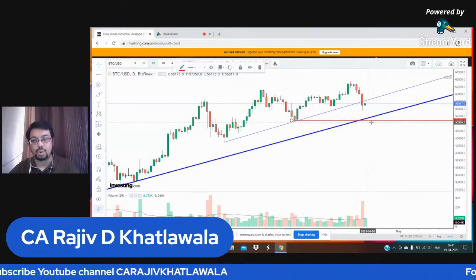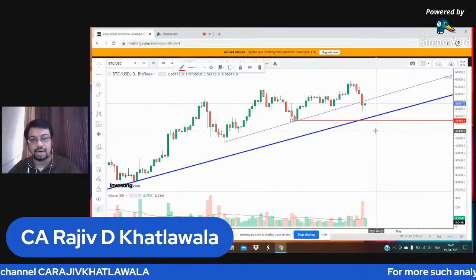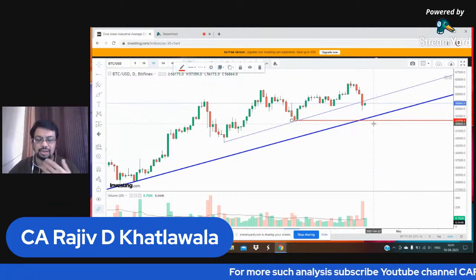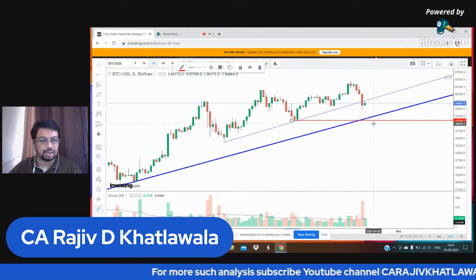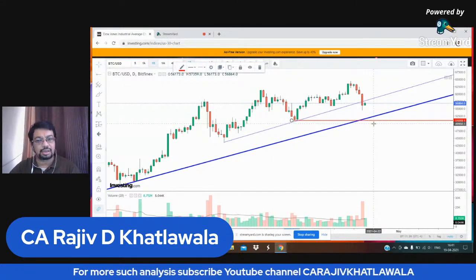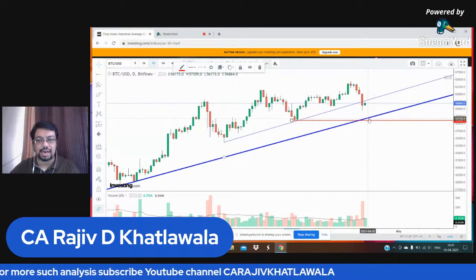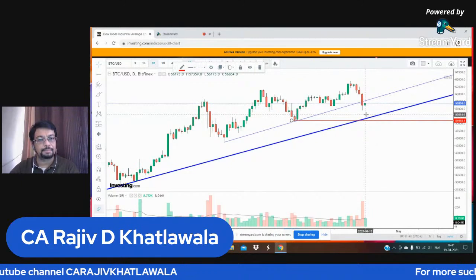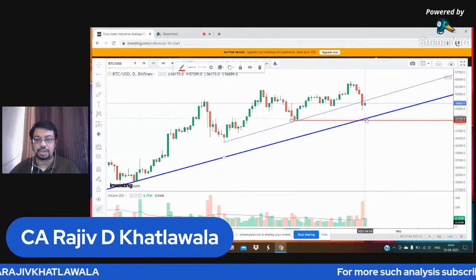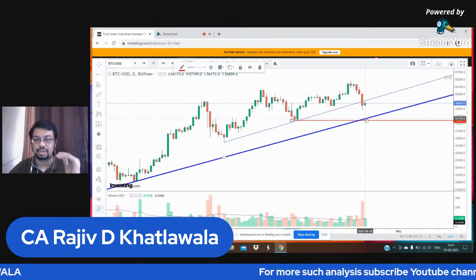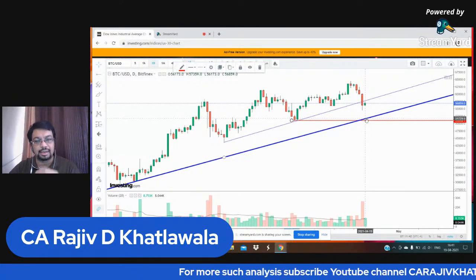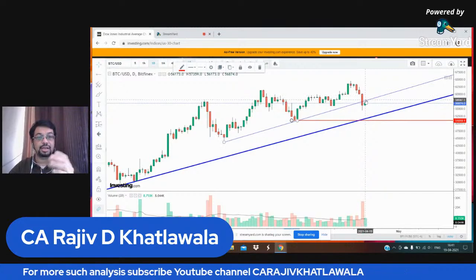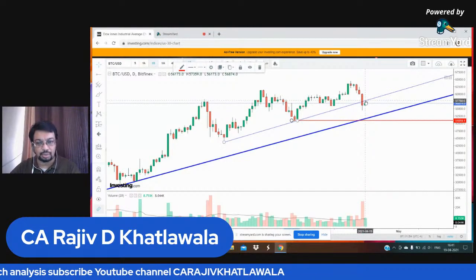In case that is broken, we will reevaluate what is the likely movement in the subsequent days. But right now, as we stand on 19th of April, we see that 52,000 to 51,000 is a good support area, and in the very short term, the resistance area is at around 58,000.